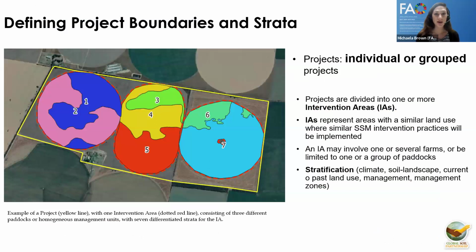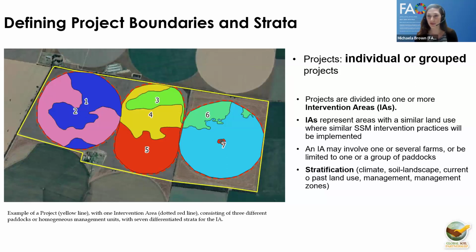And for this, we break the project areas into intervention areas. This essentially means that each specific intervention area within the target project area will have similar sustainable soil management intervention practices. These intervention areas may be one or several farms, but it also might be one farm that has a couple different areas of implementation.